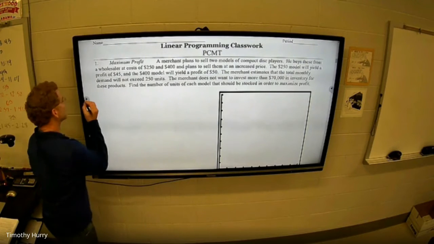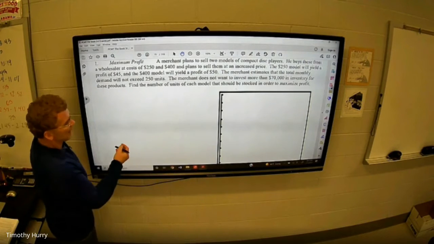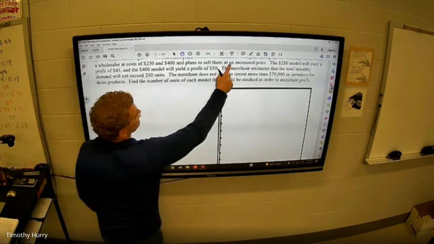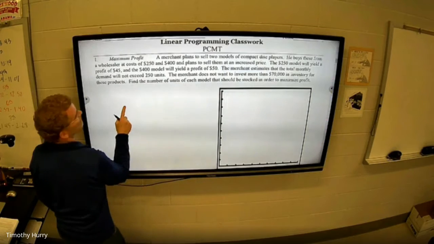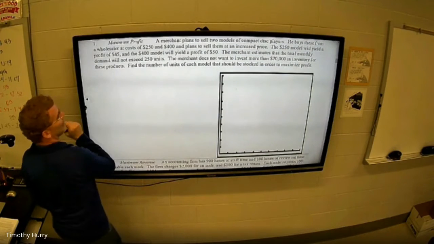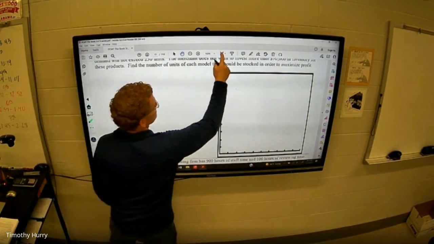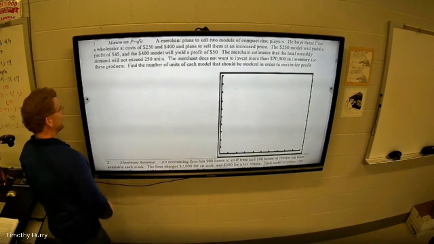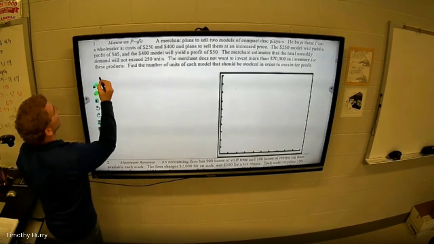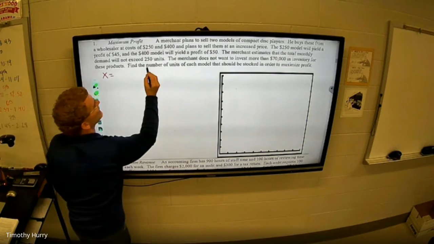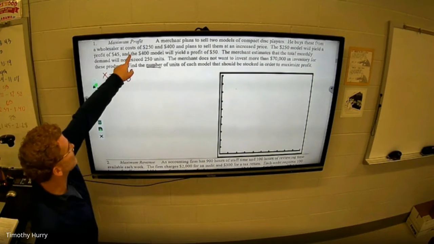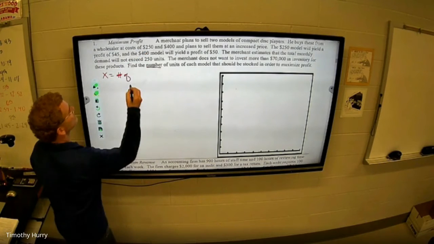So if I'm doing it, I'll tell you what, let me move that up a little bit. Okay, so I'm going to say let X equal the number of, let's just say the cheap model.